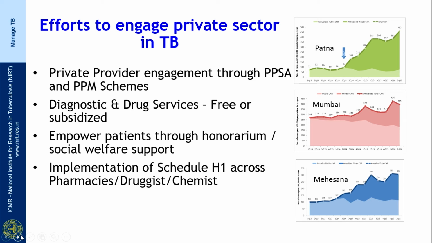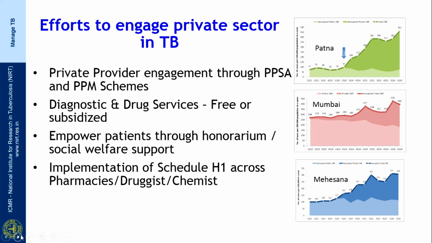Then certain interventions were carried out with the help of PPSA, that is patient provider support agency, and the public private mix schemes. These are the different schemes by which diagnostic and drug services, free of cost or at subsidized cost, are given to private practitioners, so that the patient will be retained there and will get the services and drugs free of cost.